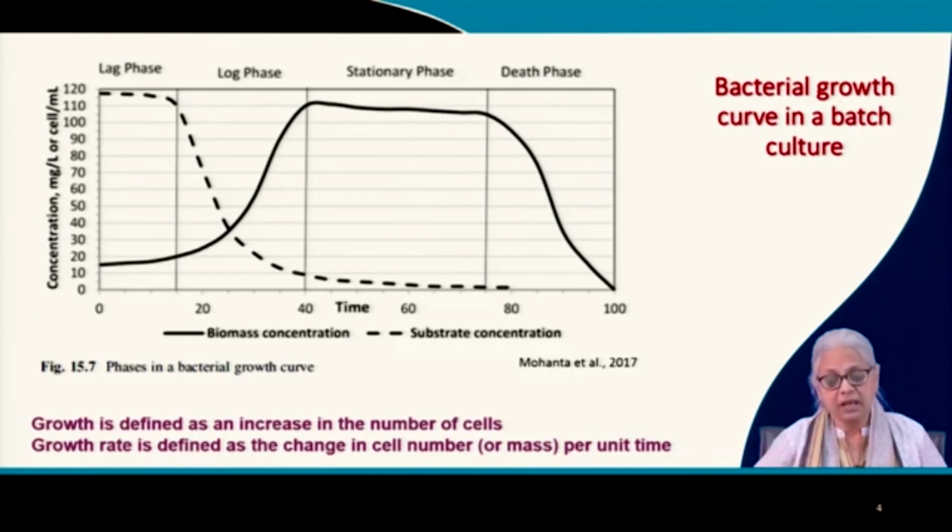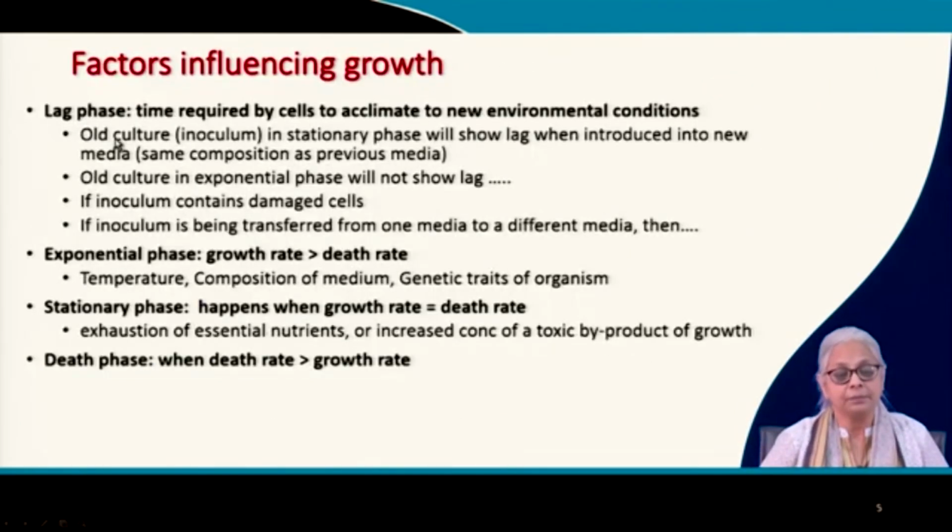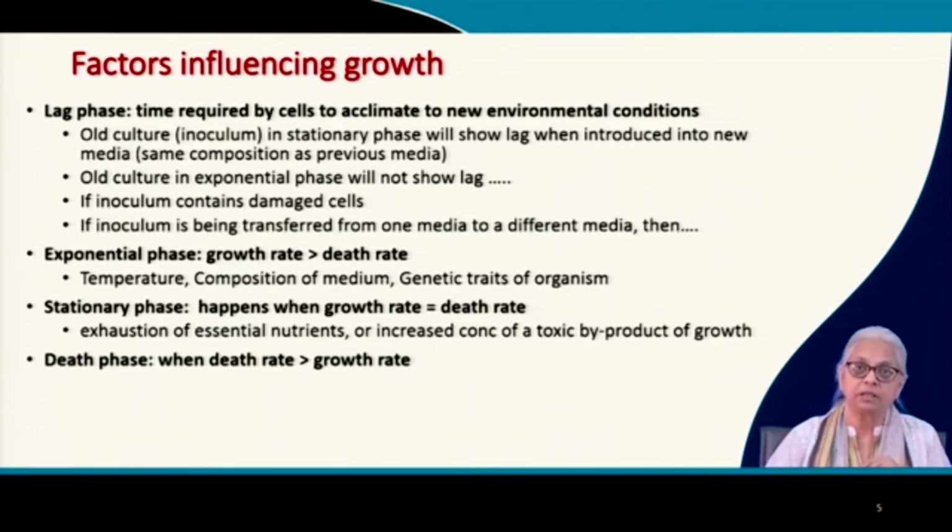So the bacteria have to be acclimated. The time required by the cells to acclimate themselves to the new environmental conditions. You have taken them from one media and put them in a fresh medium. So this old culture, if the inoculum is an old culture in stationary phase, it means they are already kind of not growing in their exponential. We'll come to all these points as we go along.